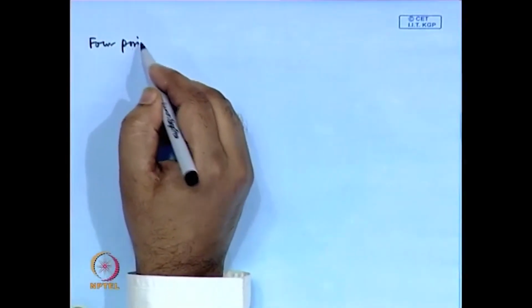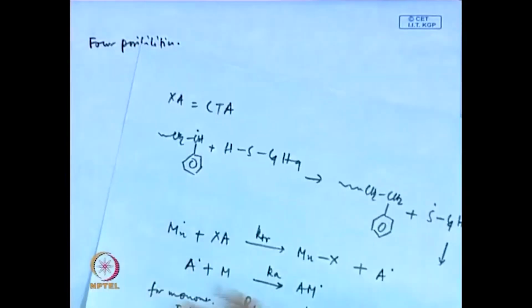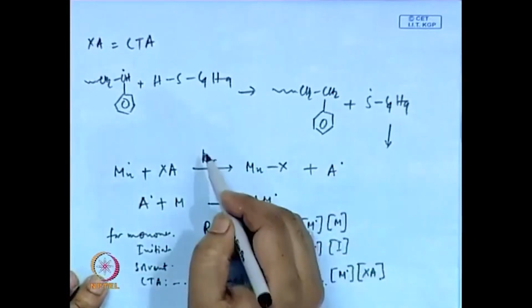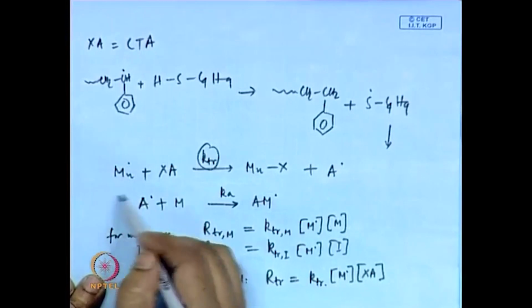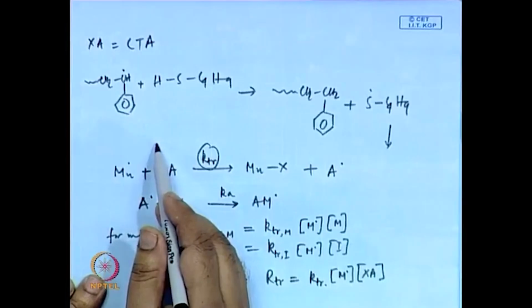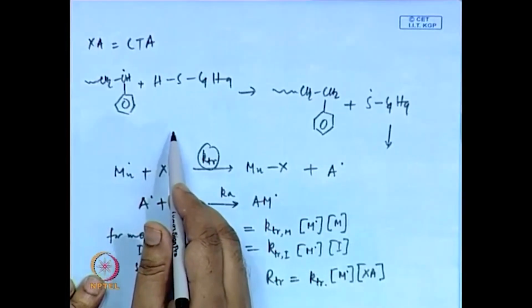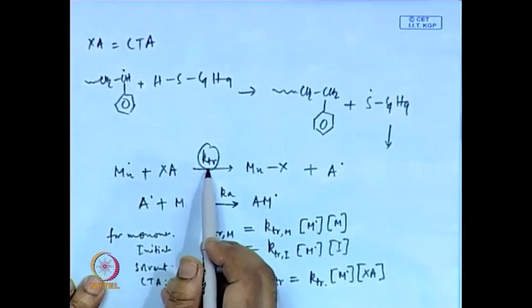Now, there could be four possibilities. This is the rate constant for the transfer reaction. Now, a propagating radical can react with the monomer which corresponds to Kp, rate of polymerization, and it can react with a transfer agent which is your rate constant for transfer reaction.